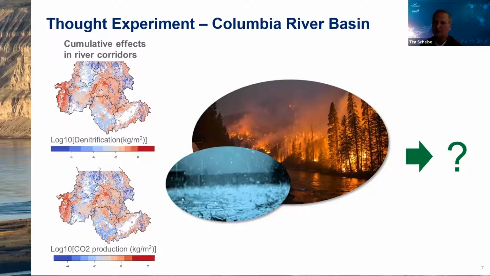As a result, we tend to have more flashy systems, higher floods, more overall runoff in our system, especially under large precipitation events. And so the combination of the biogeochemistry changes in the organic matter, the increased erosion that can deliver more nutrients to the river system, and changes in the hydrologic regime can have significant dynamic changes on the overall watershed function that we would like to be able to predict.